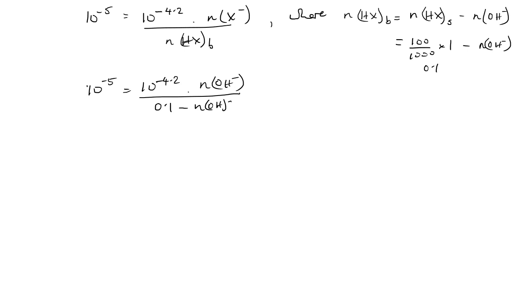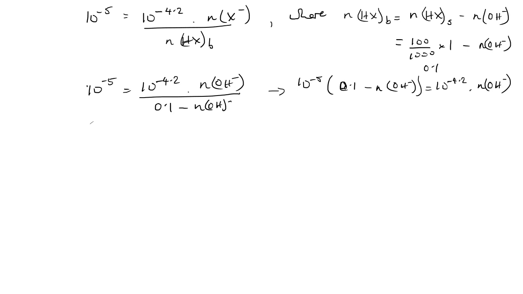So I might as well carry on and do it. We're going to just multiply out. Let me do that over here. So you've got 10 to the minus 5 brackets 0.1 take moles of hydroxide equals 10 to the minus 4.2 times moles of hydroxide. Okay, so let's multiply that out. Let's go back here to give us some more space.